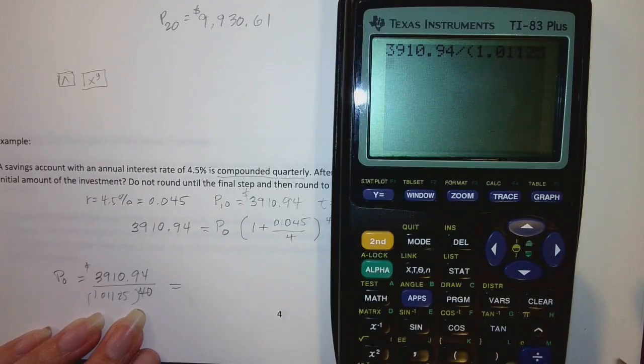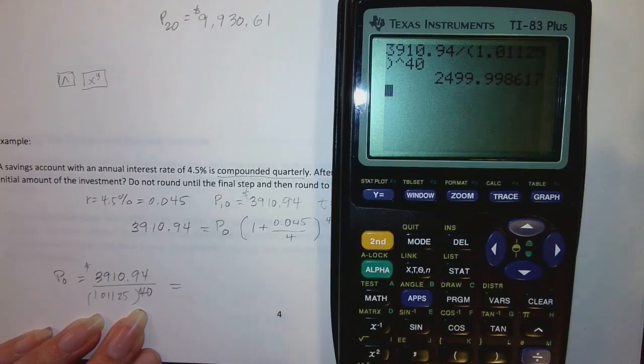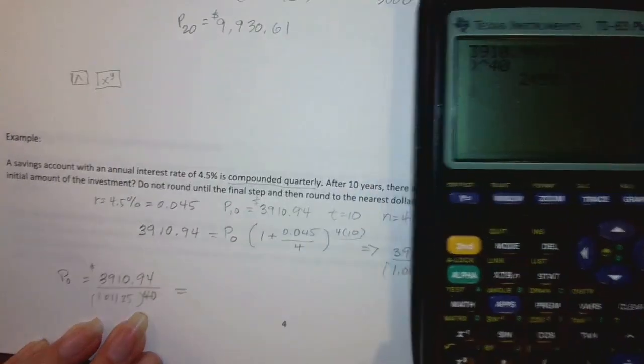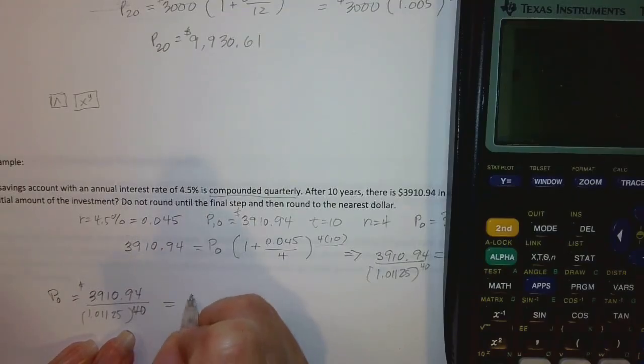1.01125. On my calculator, to raise it to a power, I have to use this caret, and then put 40 in, and that gives me 2499.998617. It says do not round until the final step and round to the nearest dollar, so that would round up to $2,500.